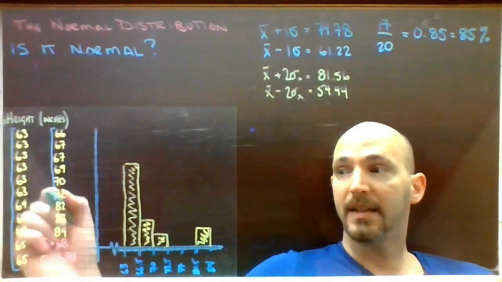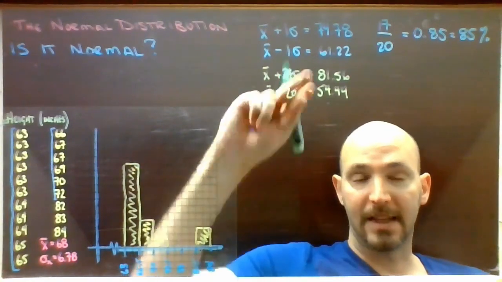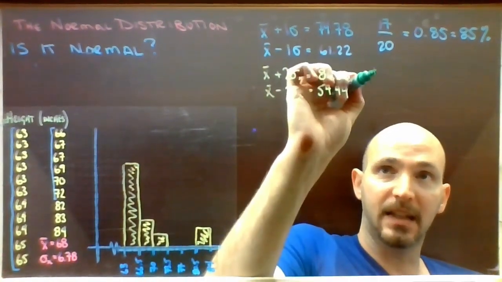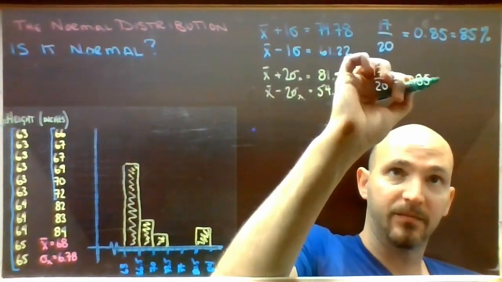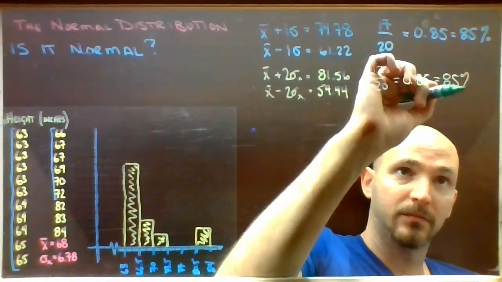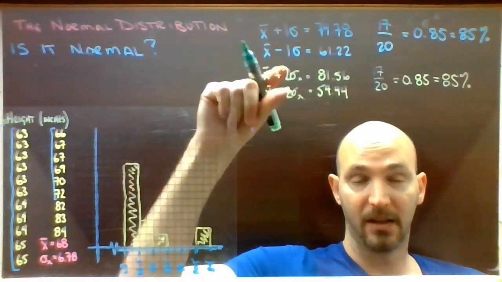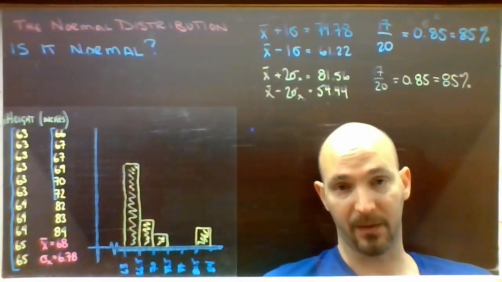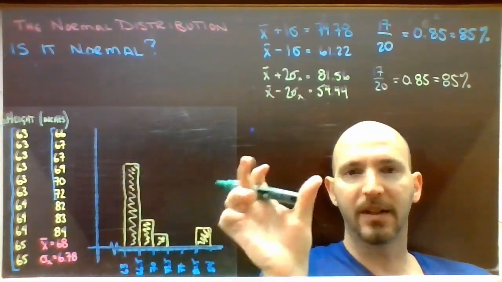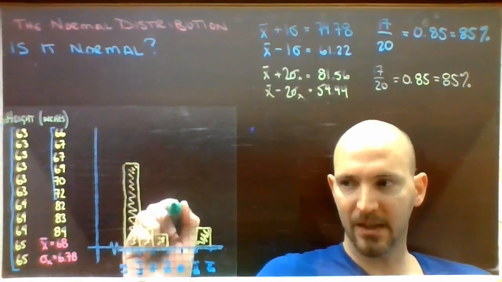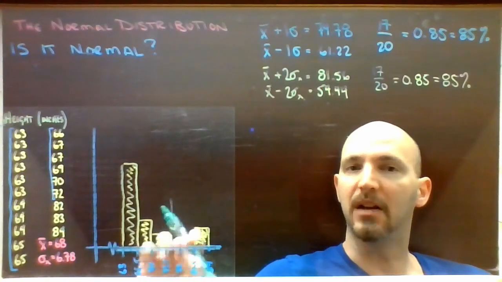So that's all of these data points, and even this one isn't that high. So I still have 17 out of 20 falling within that range, which is 85%. Now, from earlier, you were supposed to find 95% of data points falling between here, and I only have 85 of them. So not only were there too many bunched up in the center, there aren't enough in that middle range. And you can see right there in the picture, there's a big hole. If this was normally distributed, there wouldn't be a hole there.